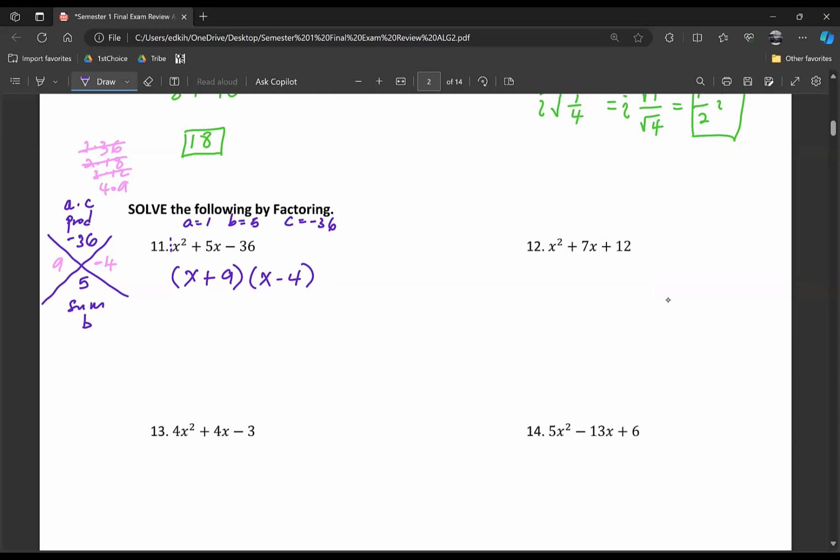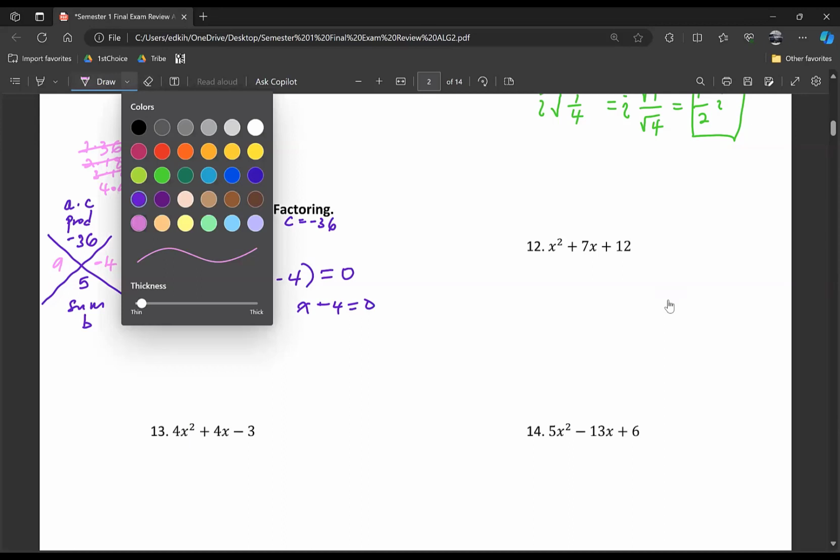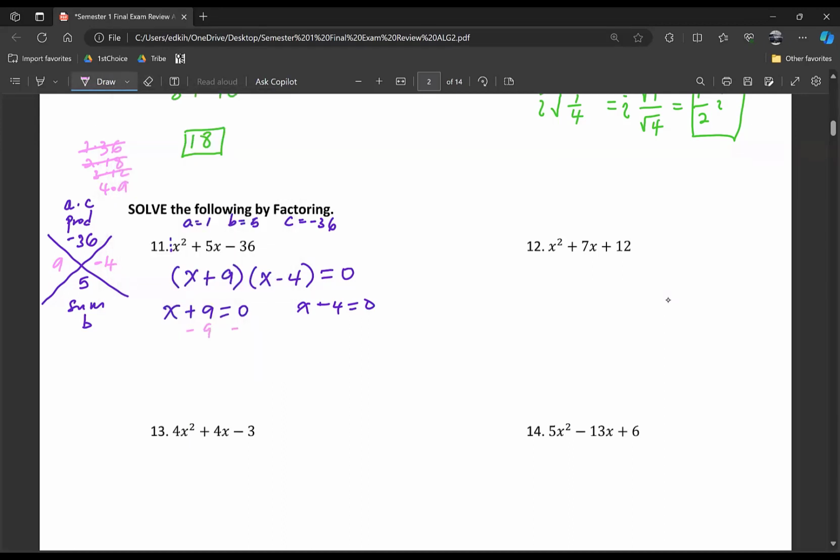We're being asked to solve, and remember, it's just one extra step where you set each of your factors equal to 0, and you literally just solve using algebra. So here you would be subtracting 9 from both sides. Here you would be adding 4 to both sides. So these are canceling. So x equals negative 9 for this. Here these cancel, x equals positive 4. So those are your solutions, negative 9 and 4.